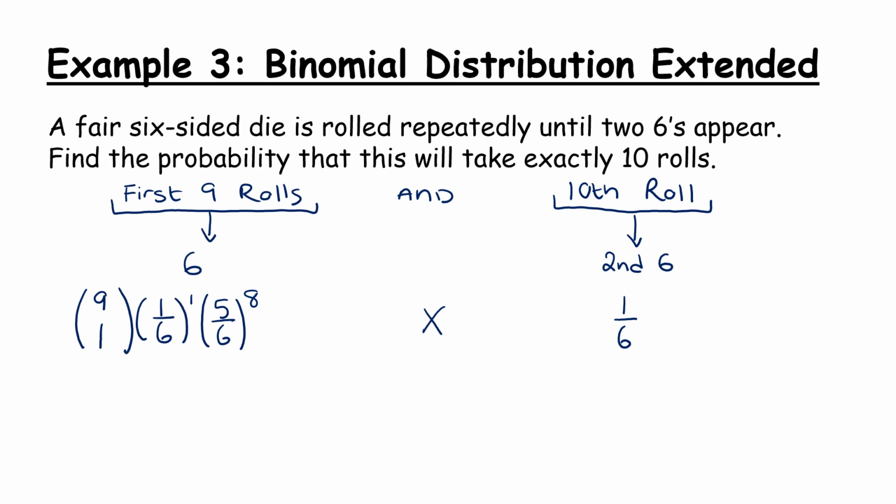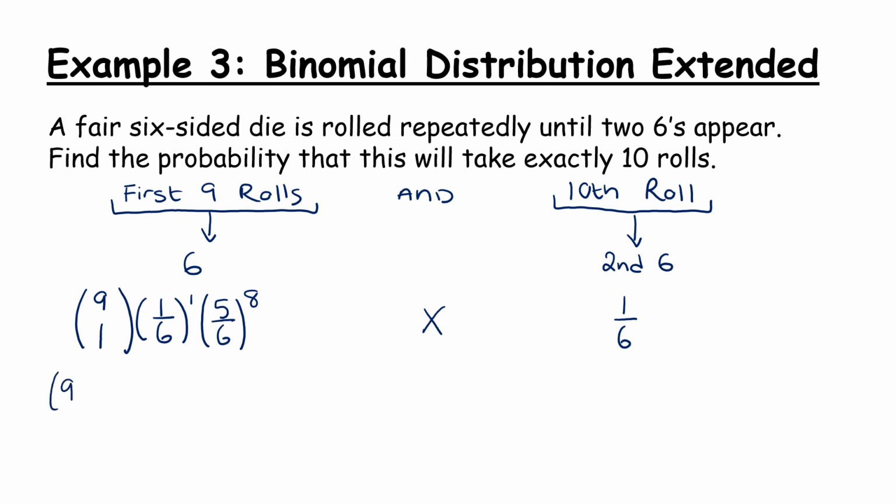And now we have the 2 parts of this question. We have the Bernoulli or the binomial piece at the start for the first 9 rolls, because we don't know when it happens, and then the 10th roll we know that we get that 6, and we know that happens on the 10th roll. That's not Bernoulli, we know when that happens. So let's put this into our calculator.